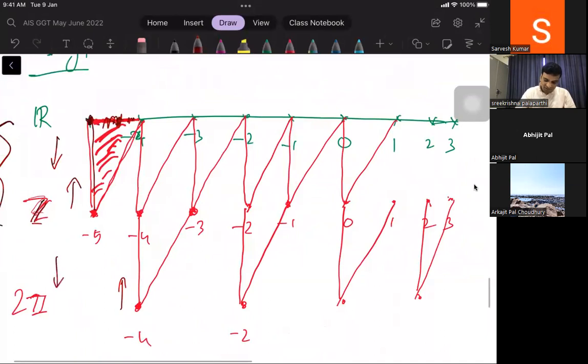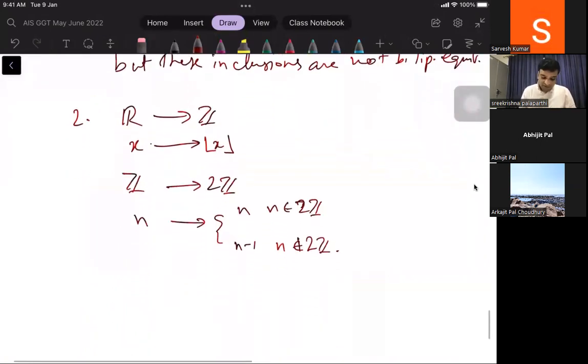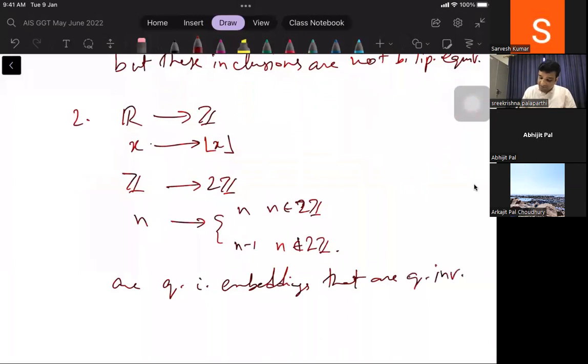It's simple: just send n to n or n minus 1, depending upon whether n is an even integer or an odd integer. So these are, once again, quasi isometric embeddings that are actually quasi inverses to the inclusion maps.